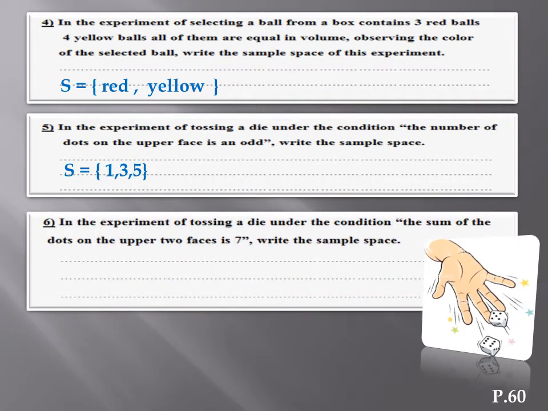In the experiment of tossing a die under the condition that the sum of the dots on the upper 2 faces is 7, write the sample space. The solution set is empty. We don't have any 2 numbers whose sum equals 7.